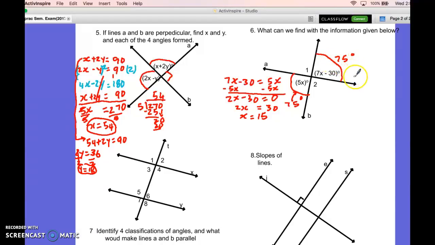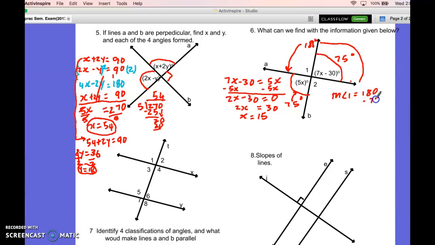Because this whole thing here, this whole angle, is how many degrees? 180. Okay, just like how the sun governs by 180 degrees the day. So this angle here would be nothing more than 180. Measure of angle 1 would be 180.